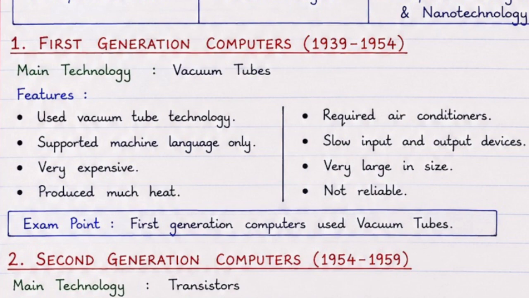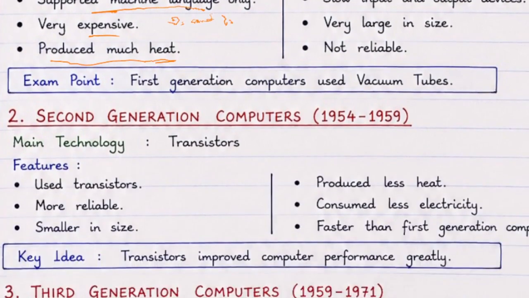So machine language is 0 and 1. It's very expensive, produces much heat, and requires air conditioners. Slow input and output devices, very large in size, not reliable. Exam point: first generation computer uses vacuum tubes.